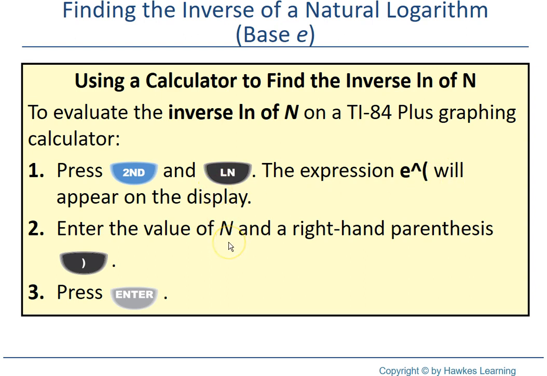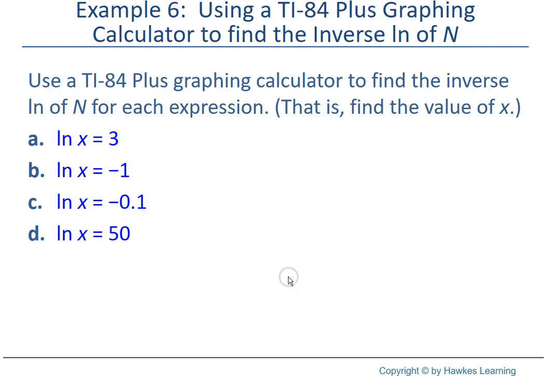You put your number value in, usually close parenthesis, and press enter. And let's give it a shot here. And like before, I didn't need to put in a parenthesis. It gave me the answer with or without a parenthesis.